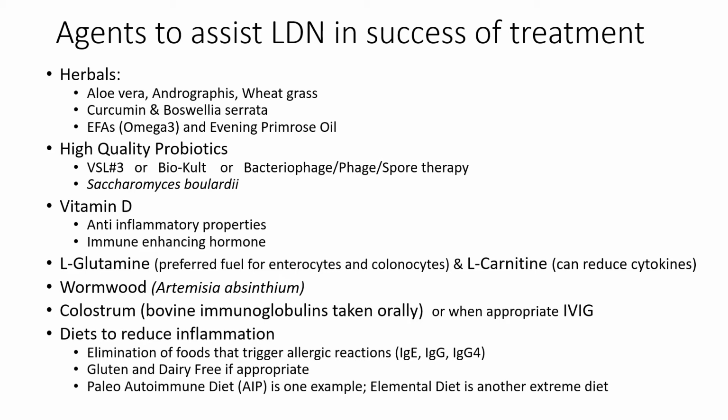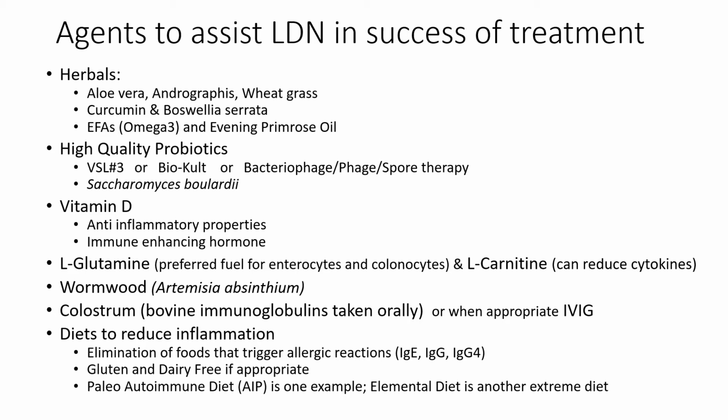Wormwood, a type of Artemisia herbal, happens to be an anti-parasitic and is sometimes helpful as well. And for those with really weakened immune systems and low global Ig immunoglobulins, colostrum may be used. And when appropriate, IVIG can be used. But if you can use the alimentary tract, it's better to use colostrum.